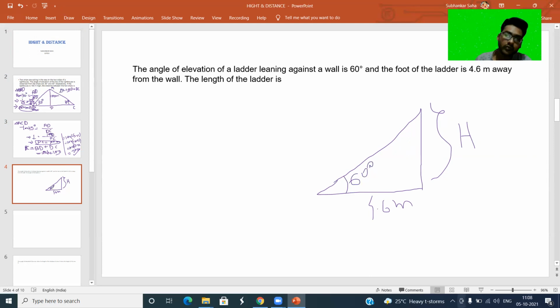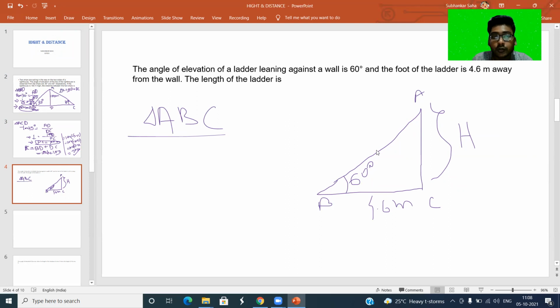In this angle, it is height, and it is base, and it is hypotenuse. It is A, B, C. In this triangle ABC, we need to find this hypotenuse.